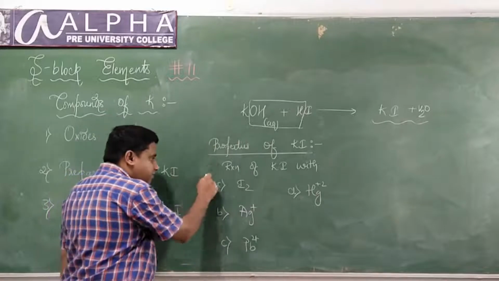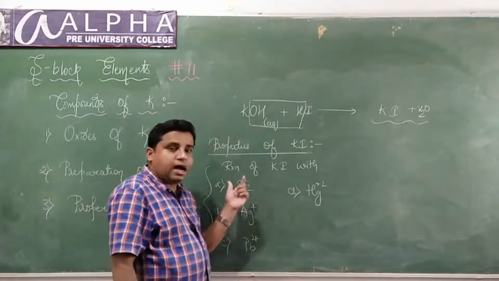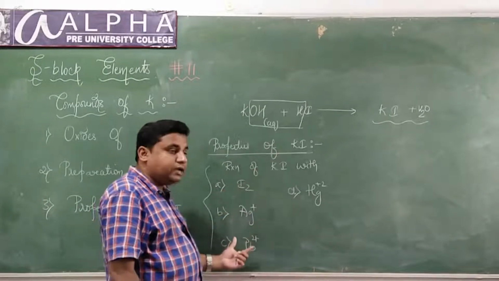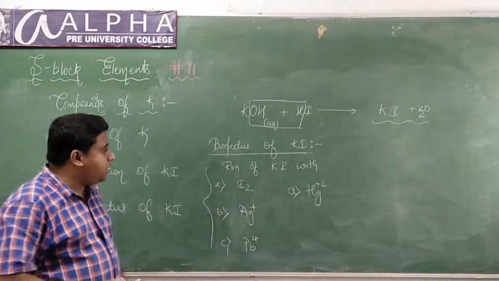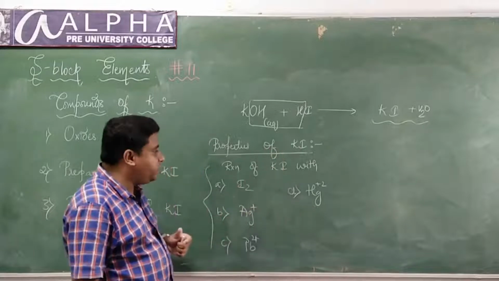So these are the different chemical properties of potassium iodide. Now let us see what happens when potassium iodide reacts with iodine.